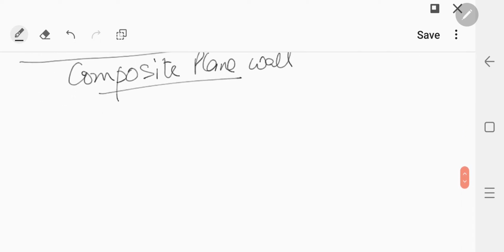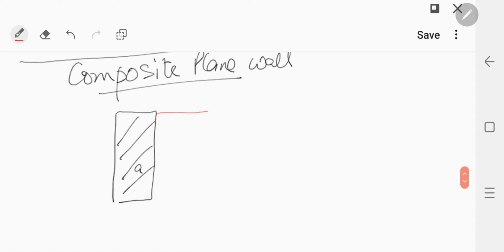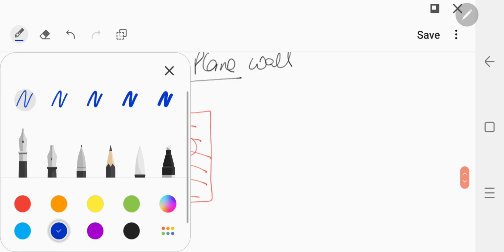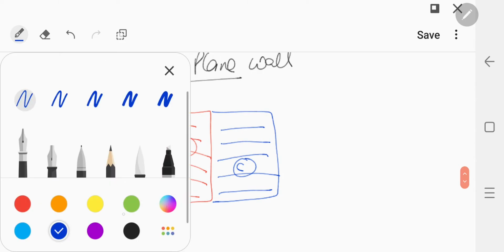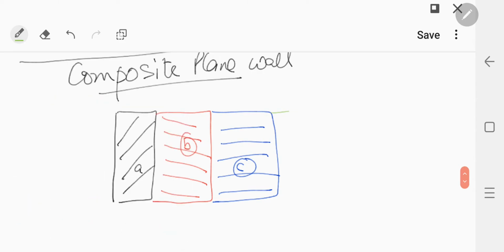Let's consider a wall consisting of four different materials. Let's say this is material A, material B, we have material C, and we have material D.